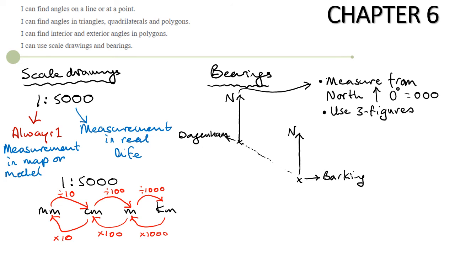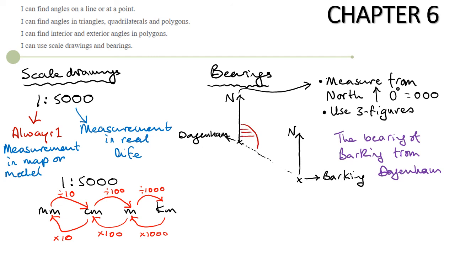Now the wording will be like this: the bearing of Barking from Dagenham. So where am I measuring it from? I'm measuring it from Dagenham. That would be this angle here.